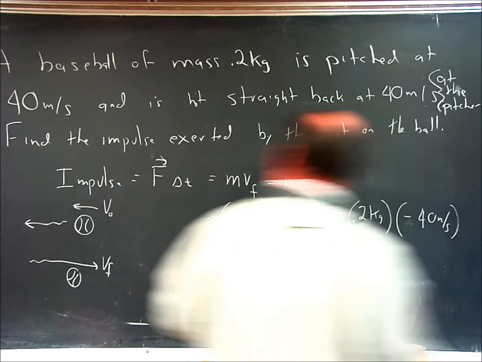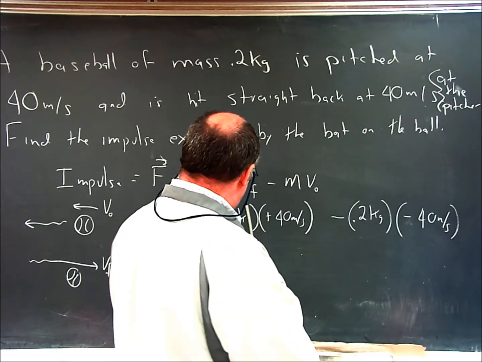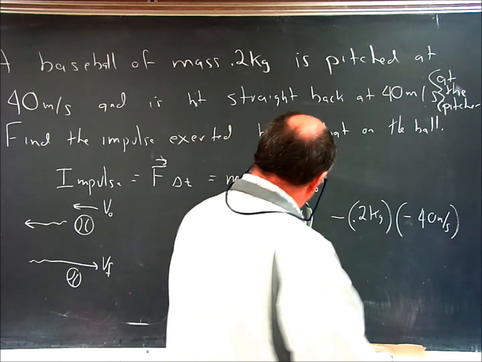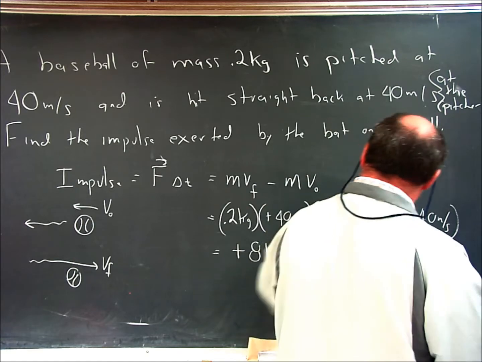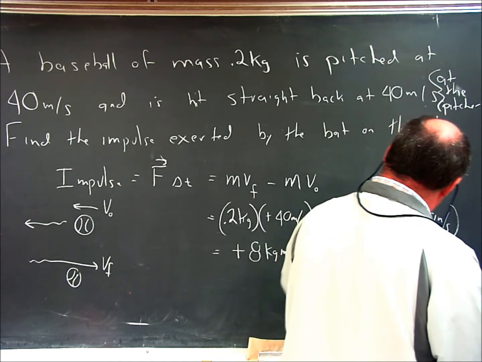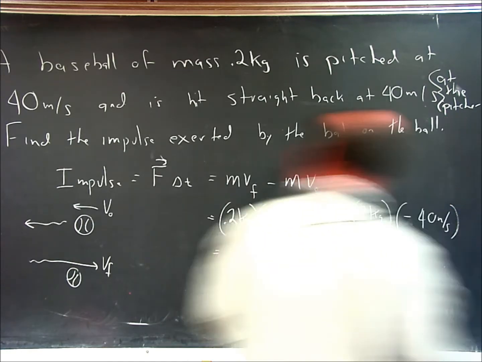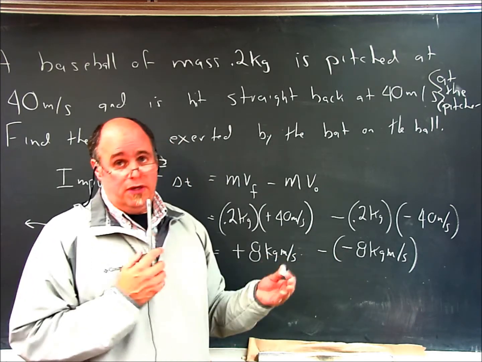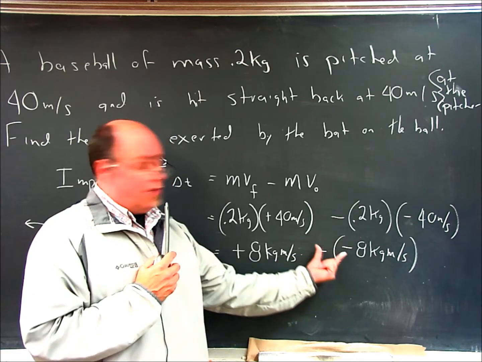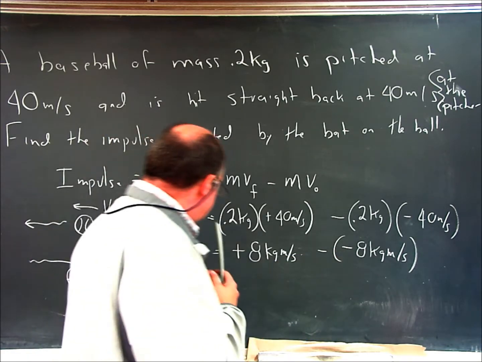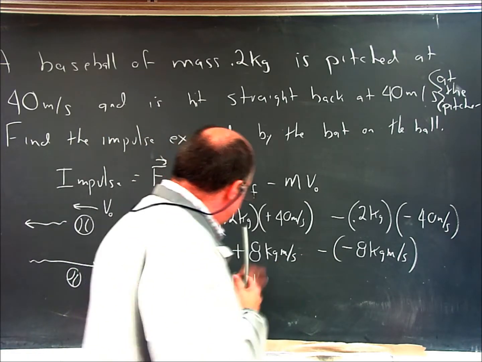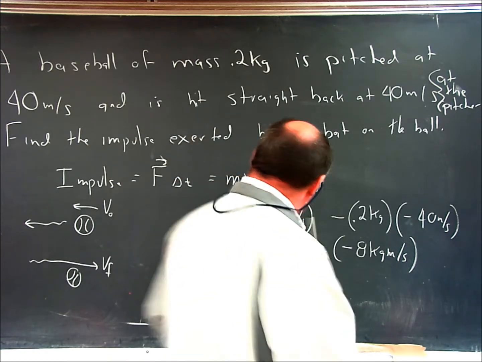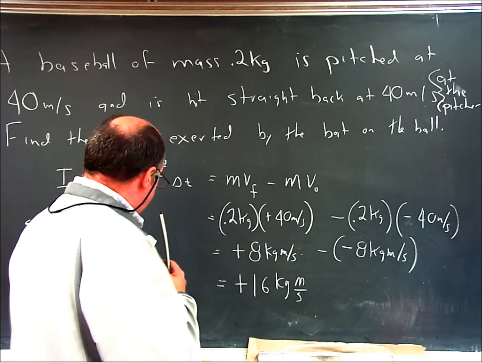If I plug those in, this is a positive 8, minus a negative 8, and the negative signs cancel. So I'll have 8 plus 8, which comes out to be a positive 16 kilograms times meters over second. And that would be the impulse.